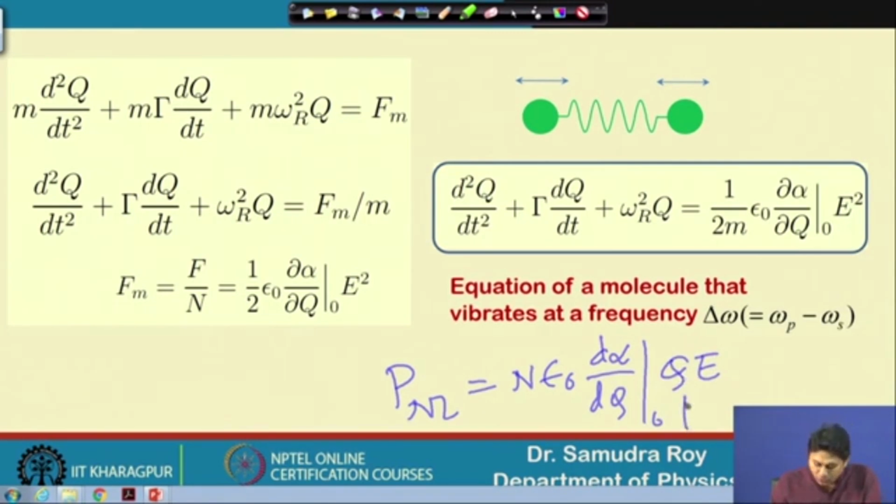So the information of q is needed, and how do I find this q for the molecule that is vibrating because of the electric field? I need to solve this differential equation, which is a forced damped oscillation equation. The force term I calculated last day, so today we are going to solve this equation.